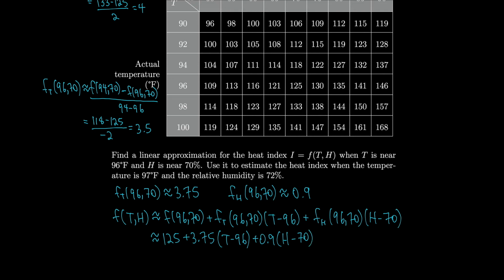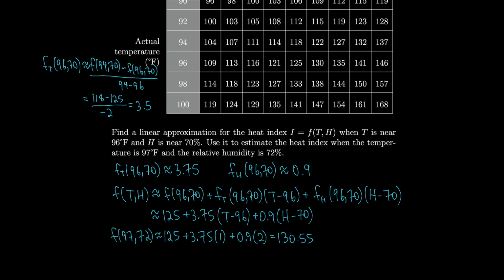So we get f of (97, 72) is about 125 plus 3.75 times 1 plus 0.9 times 2, which is 130.55.